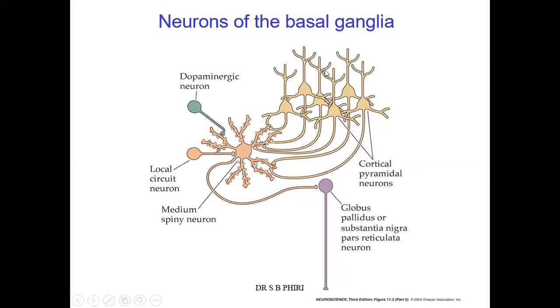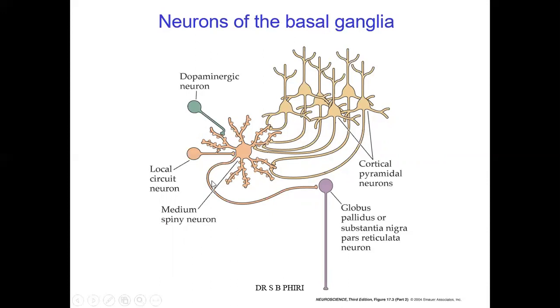You can see the projections from the corticopyramidal neurons that are stimulating this medium spiny neuron. Then you can also appreciate the dopaminergic neurons coming from the substantia nigra, especially the pars compacta. Then we also have local circuit neurons that enable the communication of one nucleus of the basal ganglia with another nucleus of the basal ganglia.